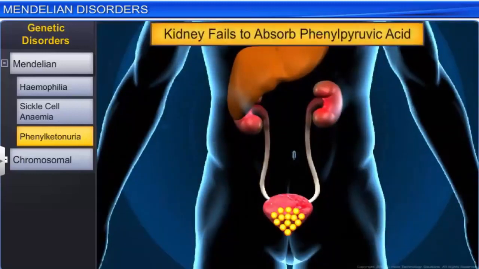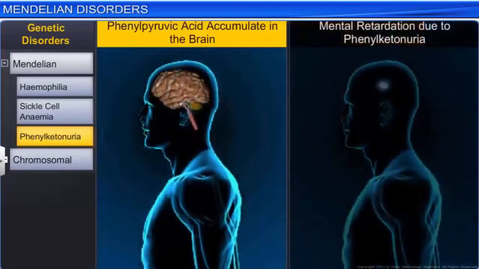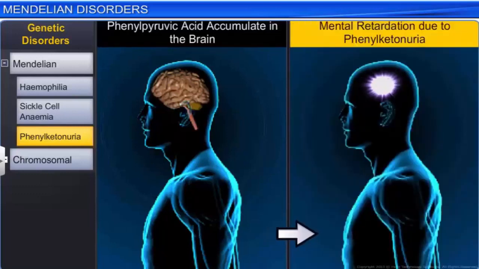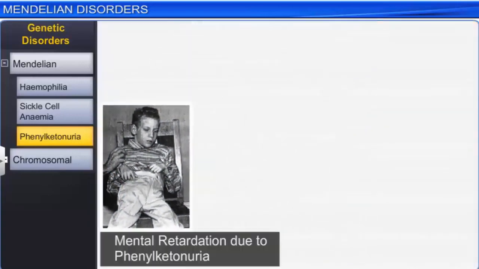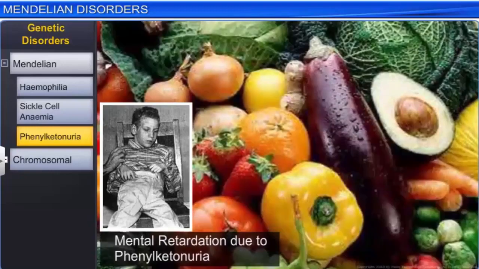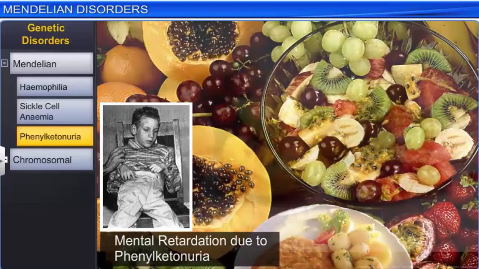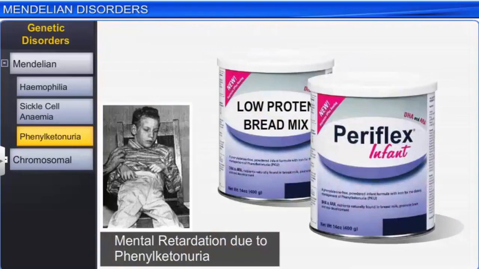Phenylpyruvic acid is even detected in the urine as the kidneys fail to absorb it. If phenylpyruvic acid and its derivatives accumulate in the brain, it could lead to mental retardation. To avoid such a situation, a diet low in phenylalanine is usually recommended for patients suffering from phenylketonuria.